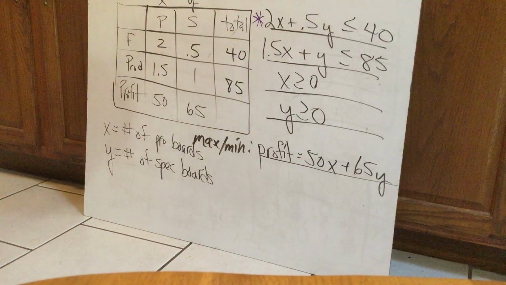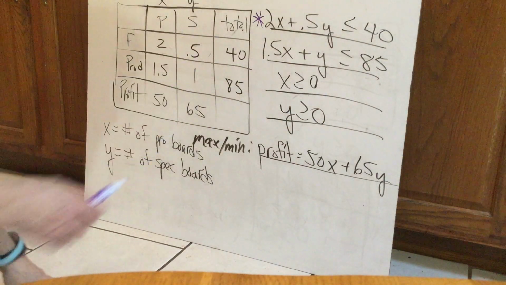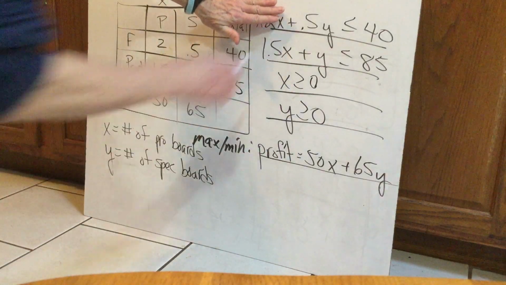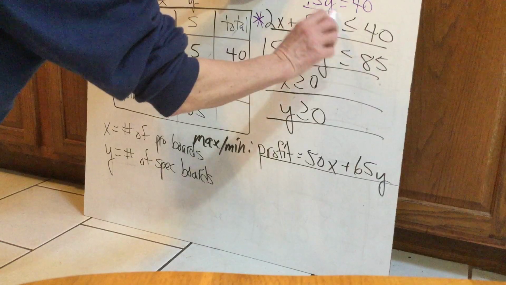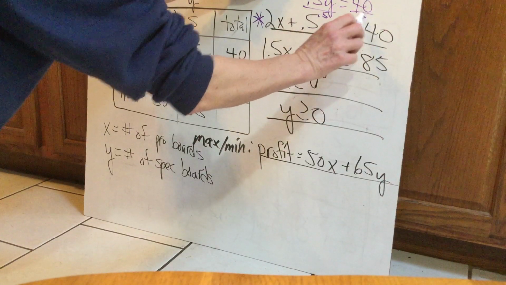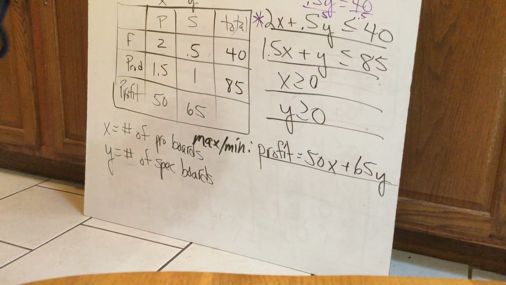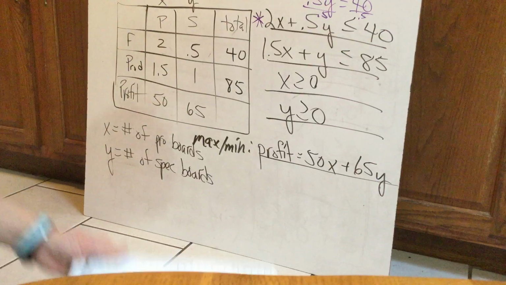Okay? Now again, I don't want anybody freaking out. If I let x be 0, it says 0.5y equals 40. Divide both sides by 0.5. That's how you get 80. Okay? Now, I'm shading underneath that.